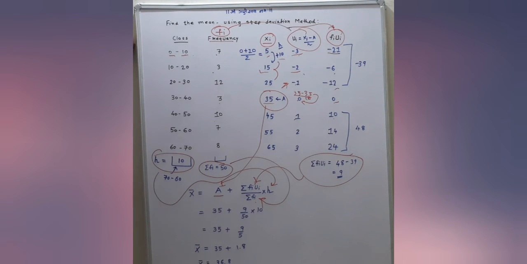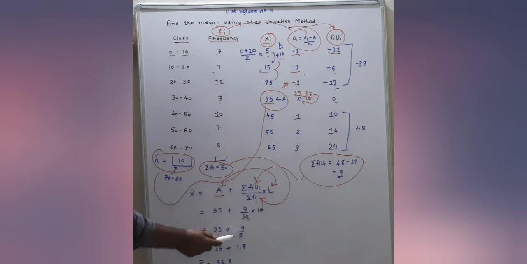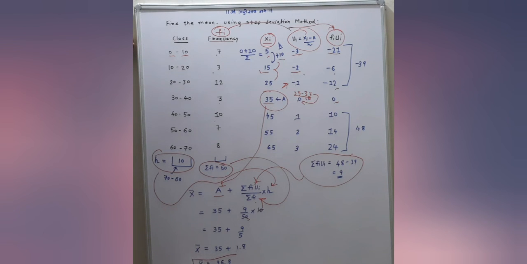So all these values I just put in this equation. So I got 35 plus 9 by 50 into 10. So 0 and 0 cancel. So 9 by 5. So 9 by 5 is what? 1.8. So 35 plus 1.8. So I got 36.8 as the mean value of the given data using the step deviation method.